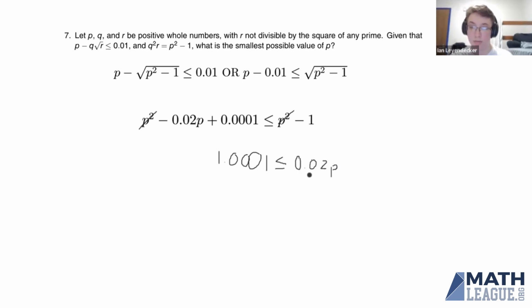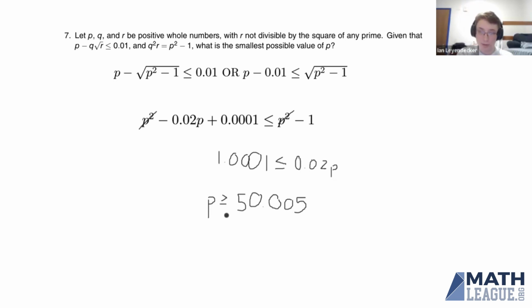You should notice that 0.02 is a 50th of 1, so multiplying both sides by 50 is going to turn this 0.02P into just P. So we'll get that P is greater than or equal to 1.0001 times 50, which is going to be 50.005.